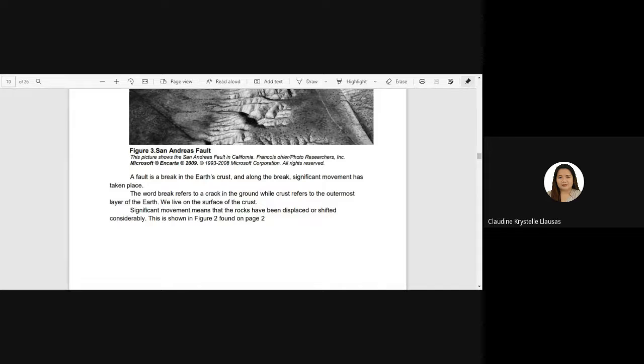Mao nang natipak ang dalan. A fault is similar to that. What causes a fault is the movement of the Earth's crust. So, mutuo ba mo nga naay movement ang atong Earth?